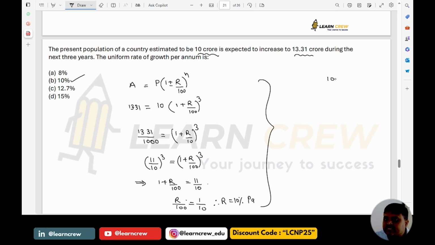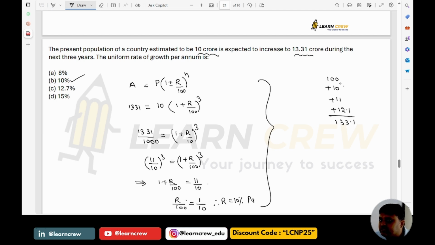Because if 100 is the initial value and every year there is a 10% increase: the first year it is 10, in the second year on 110 again 10% means 11, thereby it becomes 121 at the end of 2 years. In the third year again 12.1, thereby 100 becomes 133.1.